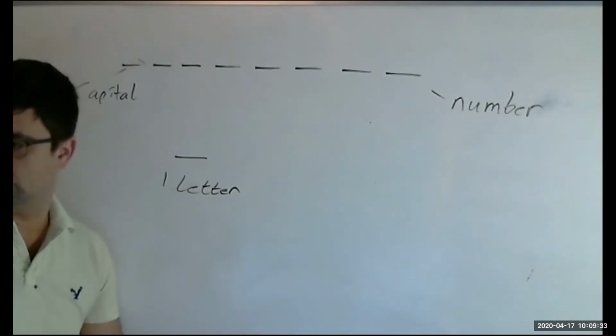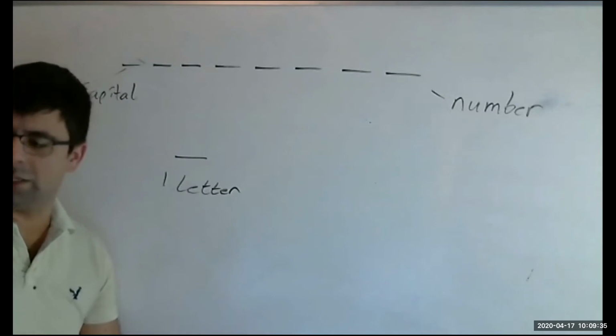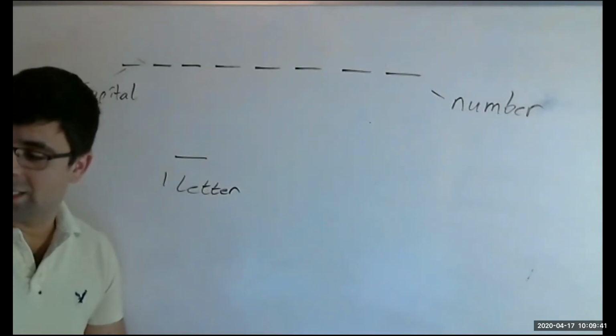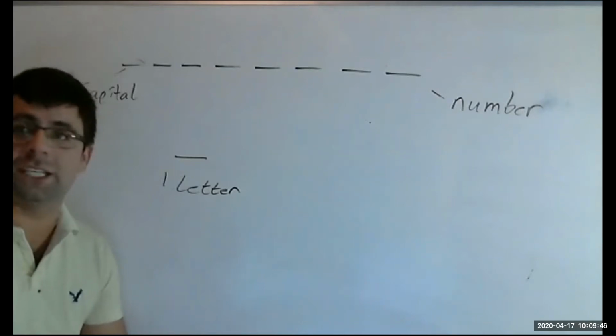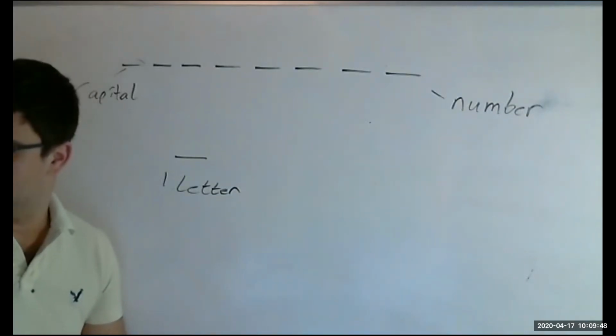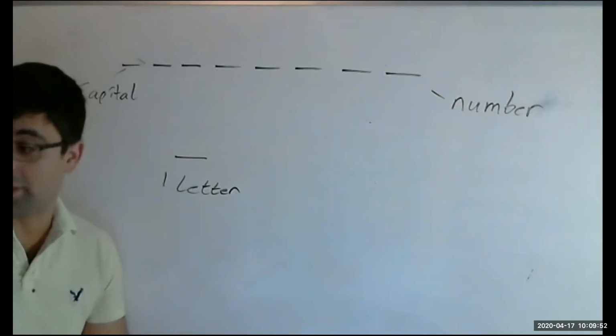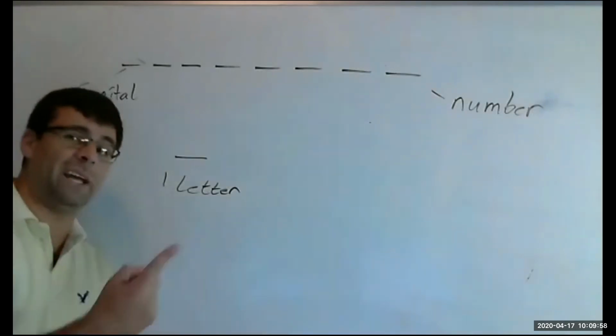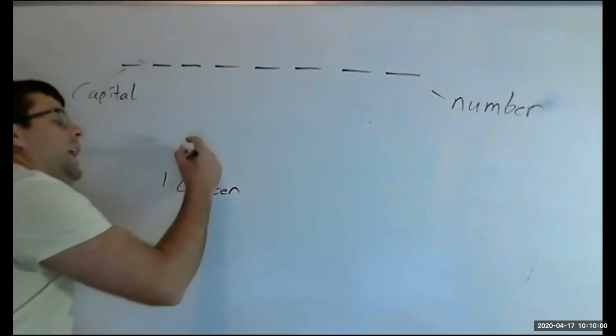A lot. 26. Why 26? Because there are 26 letters in the alphabet. Exactly. Very good.